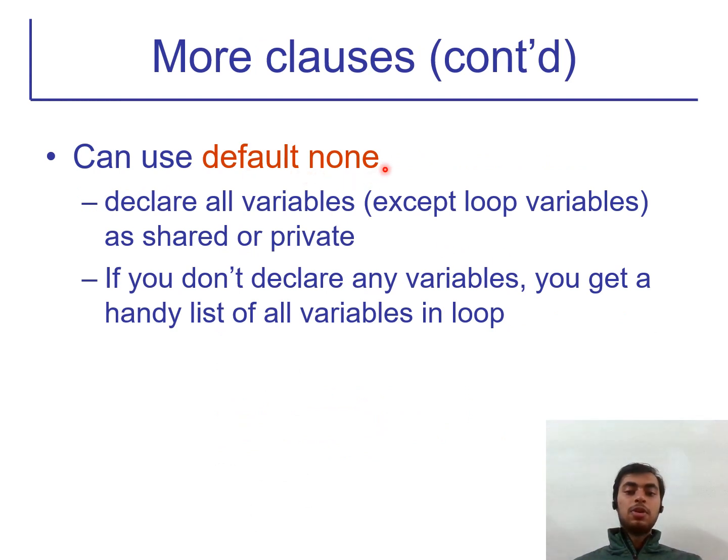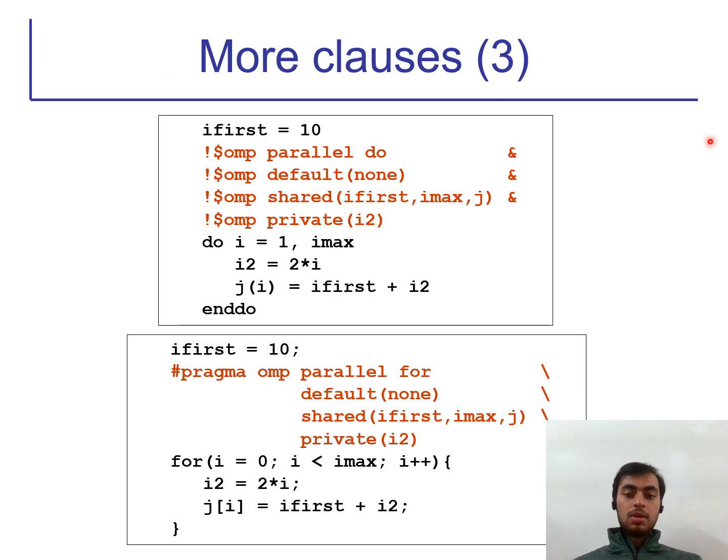Can use default none. Declare all variables except loop variables as shared or private. If you don't declare any variables, you get a handy list of all variables in the loop. You can look at this code and understand these clauses yourself.